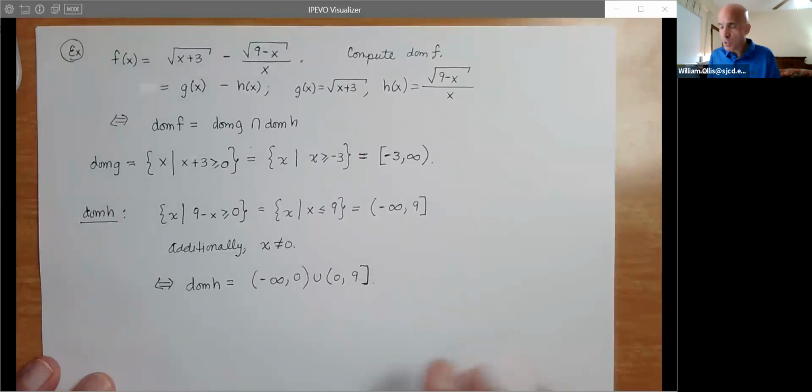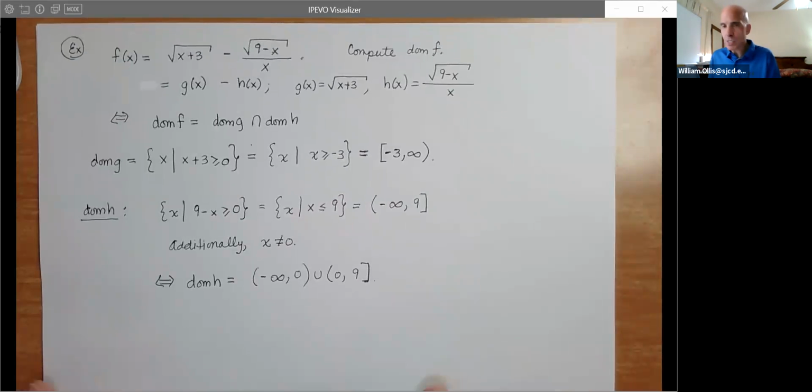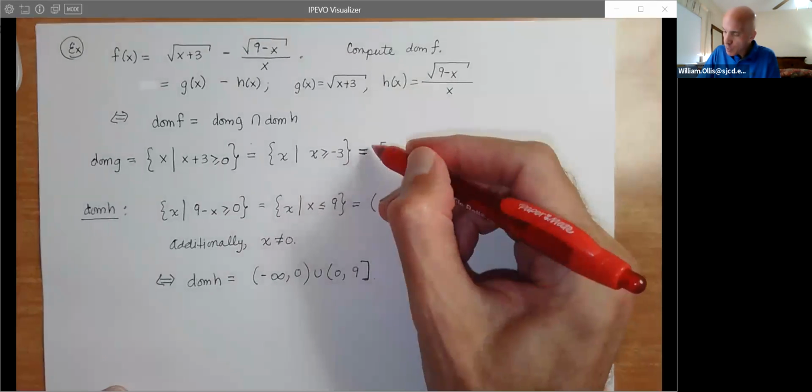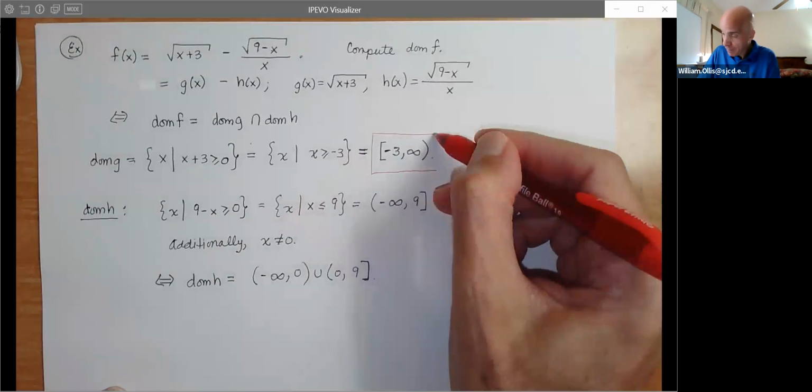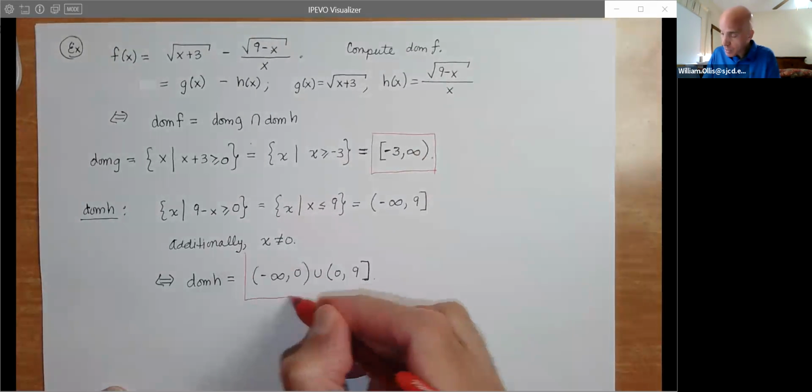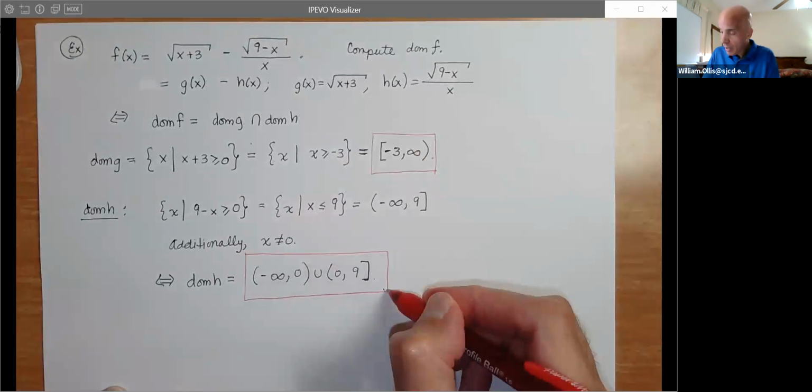So we have the two pieces now. Now we need to see where they overlap. That is the common. So we've got this for G, and we've got this for H.